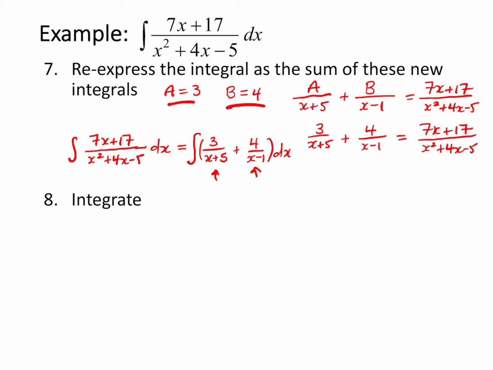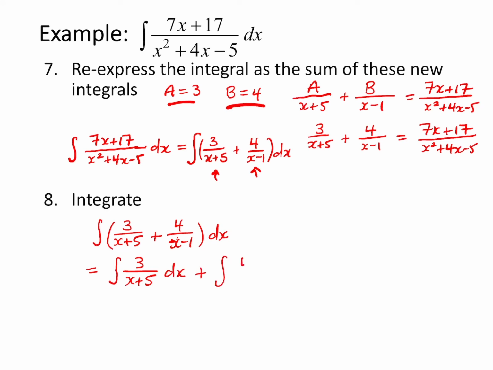So now integrating, we're going to have the integral of 3 over x plus 5 plus the integral of 4 over x minus 1, which if you wanted to, you could write as separate integrals. You could write this as the integral of 3 over x plus 5 dx plus the integral of 4 over x minus 1 dx.